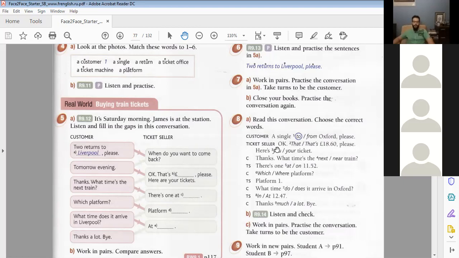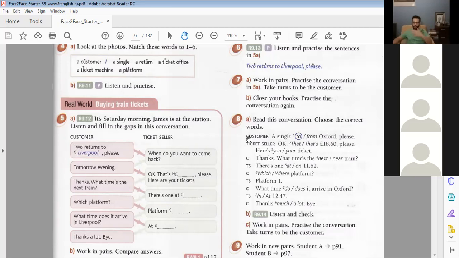Okay. All right, so number 7, practice the conversation. We did the conversation together, so we finished number 7. Now number 8, we have a new conversation. It says, read this conversation, choose the correct words. We have a new conversation between a customer and a ticket seller.